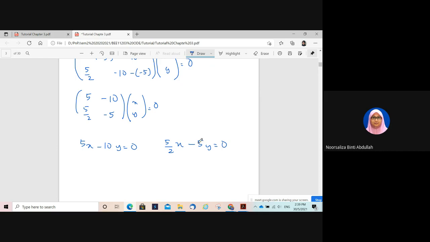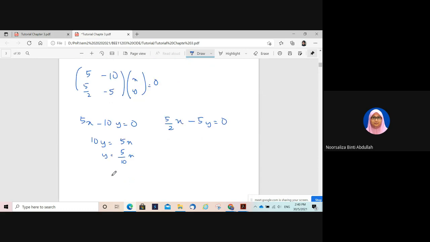So from this one, you have 10y equals to 5x, and y equals to 5 over 10x, or x over 2. Right?